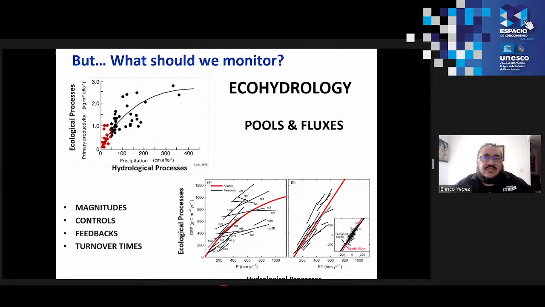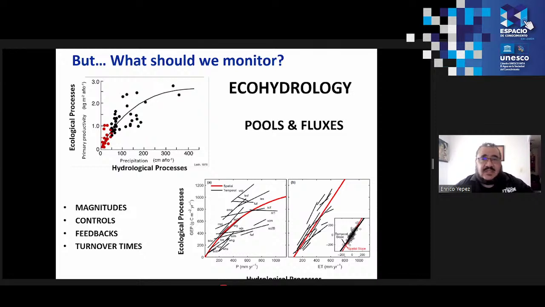This is because it forces us to understand how hydrological processes, how the water flowing in a semi-arid region like the one we have here in Sonora, is coupled with the biological processes, with primary production, for example: how much biomass is acquired, how much carbon is circulating in the biosphere, and how that is tied to the circulation of water is one of the key elements that we monitor.